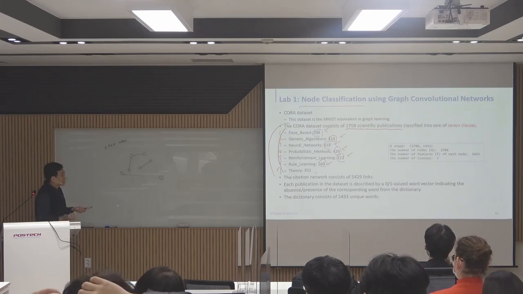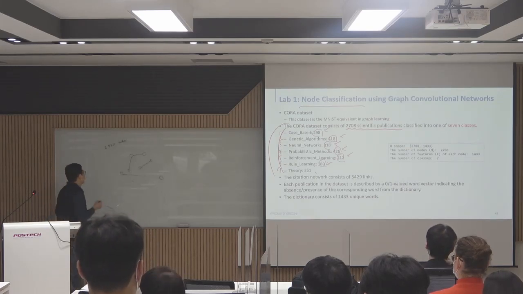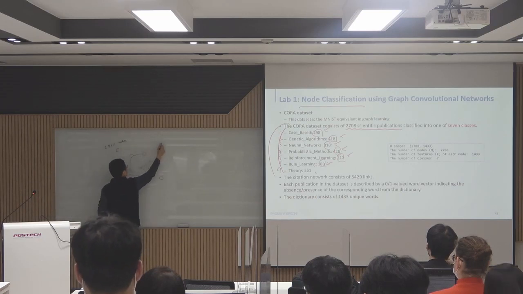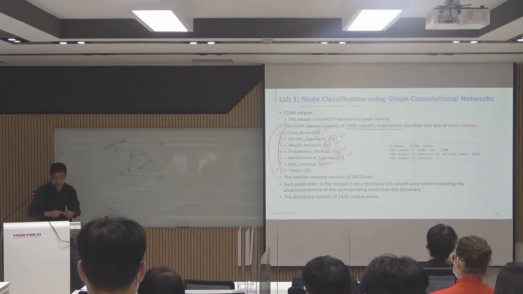The next question is how we define the messages or feature vectors for each node.